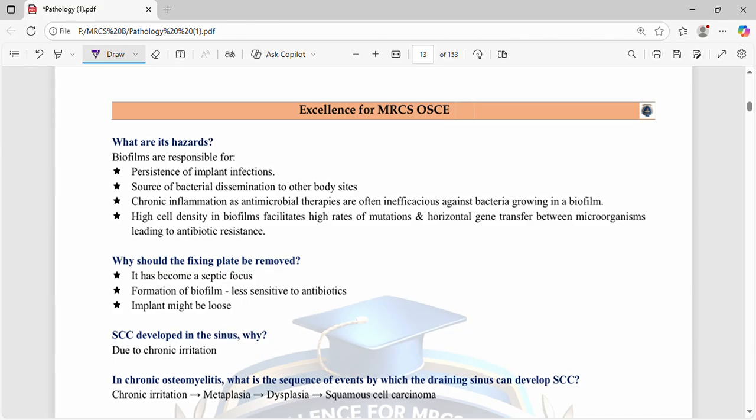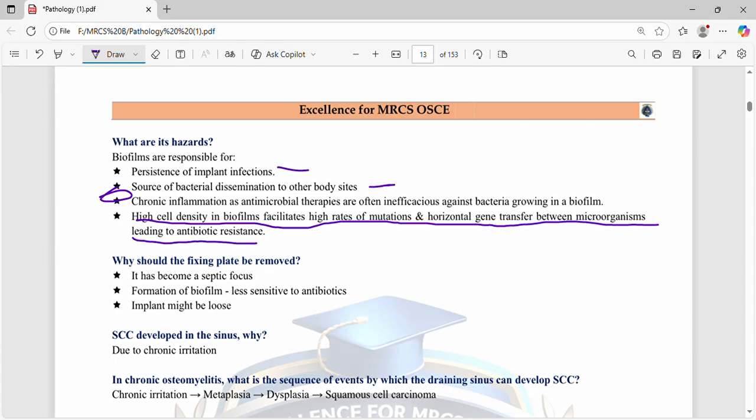It is also a source of bacterial dissemination to other body sites and chronic inflammation, as antimicrobial therapy is often inefficacious against bacteria growing in a biofilm. High cell density in biofilm facilitates high rates of mutations and horizontal gene transfer between microorganisms, leading to antibiotic resistance.